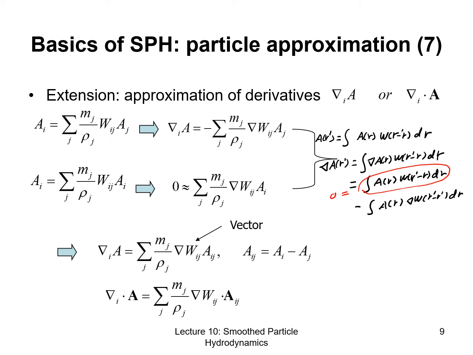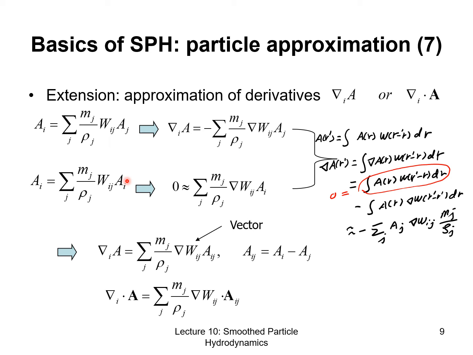The second part would be approximately equal to the summation over all j particles of the gradient value and Vj. And Vj actually is mj divided by rho j. So that's the approximation of the gradient, which you can obtain from the SPH method by particle approximations.